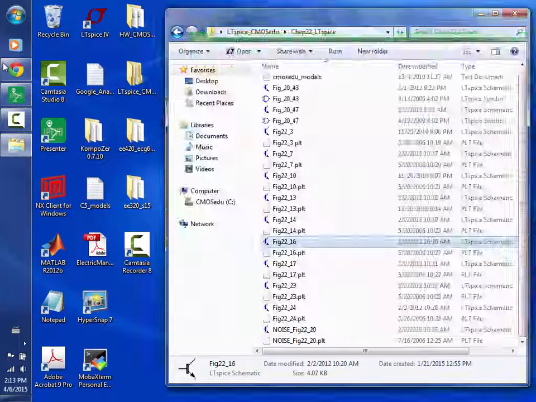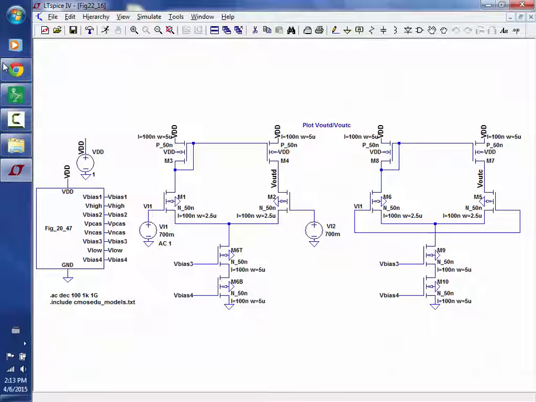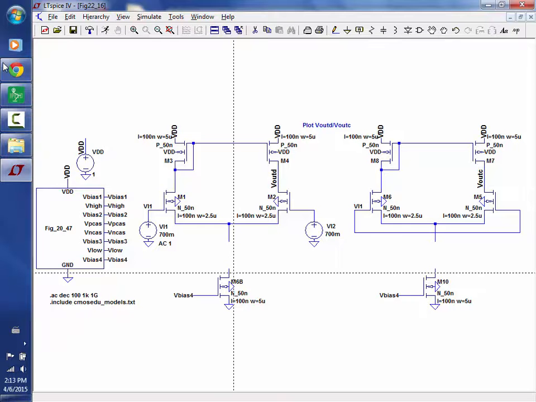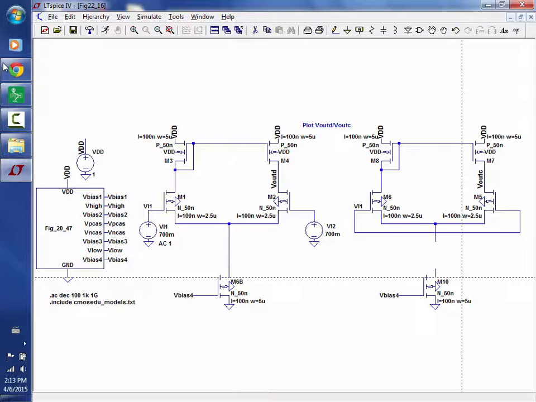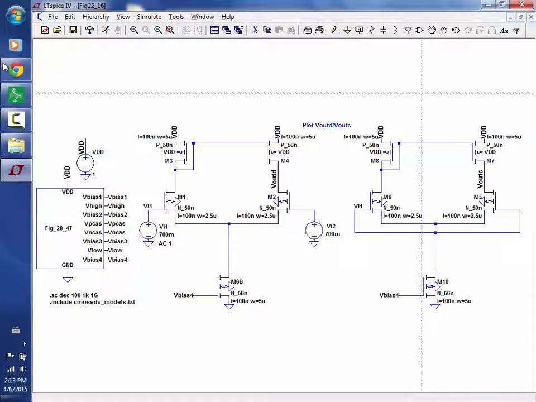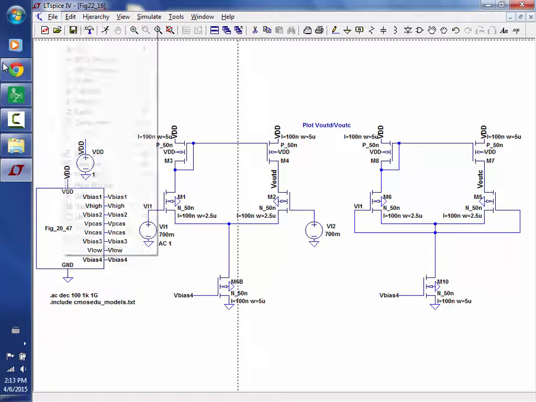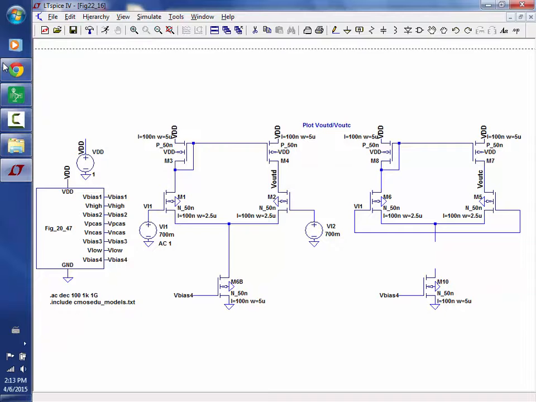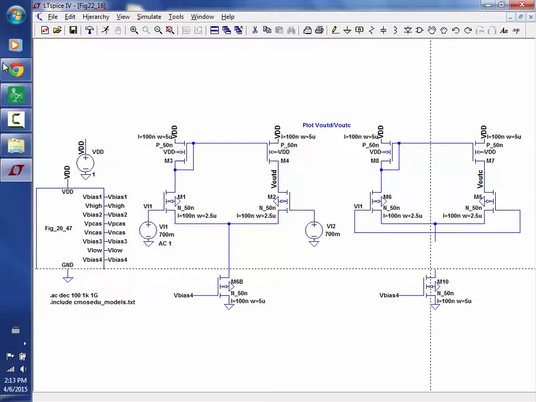Okay, so I want to just real quick tell you, if I go back now and I get rid of this current source here, and I do this, everything will still bias up effectively the same, right?